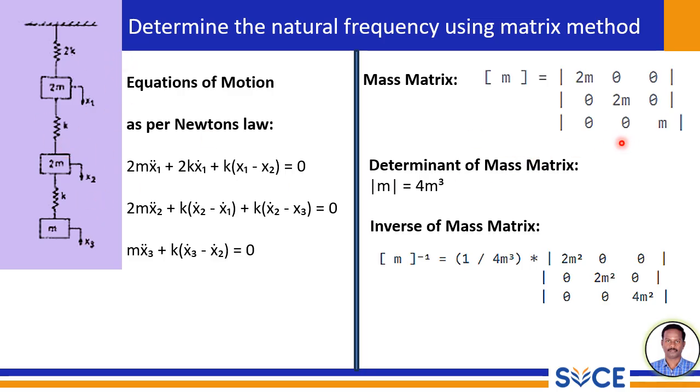The determinant of this matrix M is an important property. In this case, the determinant is calculated as 4m cube. Next, we will calculate the inverse of the mass matrix, that is M inverse. The inverse is given by 1 by the determinant, that is 4m cube, and using the transpose and the inverse calculation, which is crucial in determining the natural frequency, we get the inverse matrix with values 2m square and 4m square.